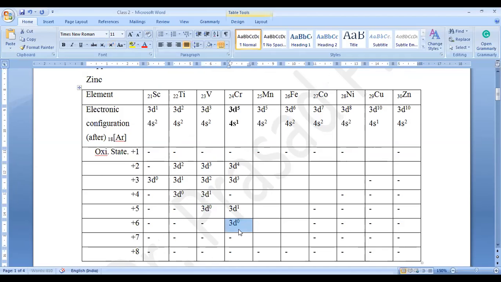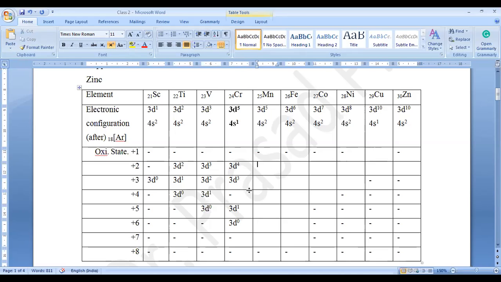They are also possible. So all these configurations are possible. Plus 2, plus 3, plus 5 and plus 6 oxidation states are possible for chromium. And this electronic configuration is also important towards our concept, that is coordination chemistry, magnetochemistry of coordination compounds.